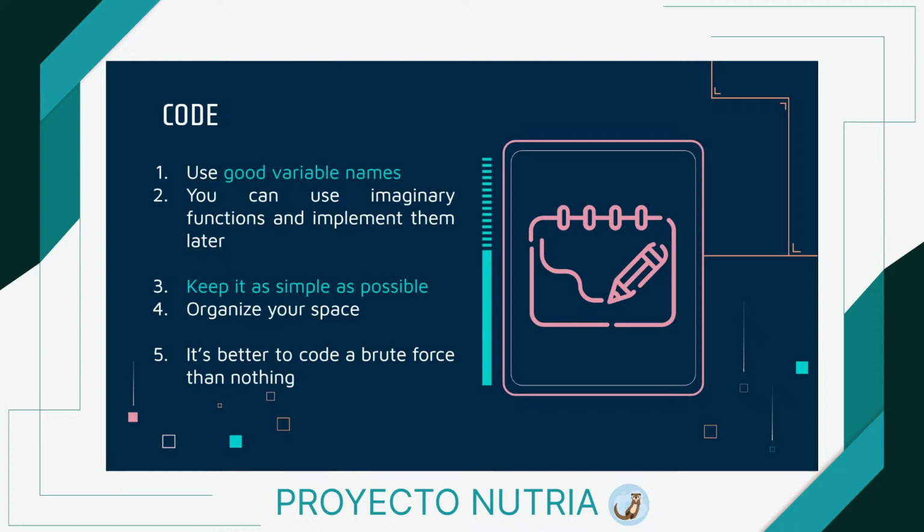Maybe you need to use multiple white papers, or you will run out of space on your whiteboard. That's going to be a problem because you're wondering where this part of the code is, and you need to swap or maybe erase because it doesn't fit on the whiteboard. So yeah, be very organized in your space.